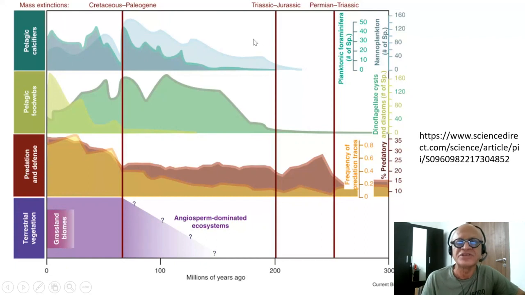And there is another transition somewhere about 170 million years ago. And then there are these mass extinction events of the Triassic, Jurassic, Permian-Triassic, and so on.